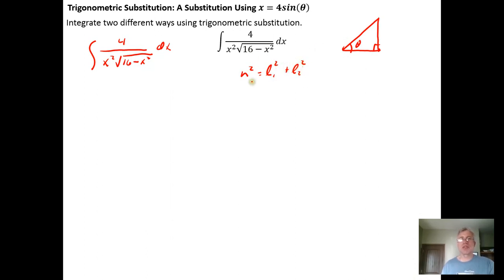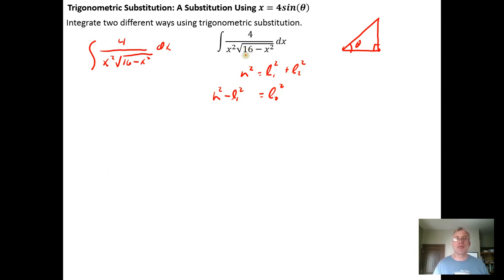So if I have a difference of squares, then one of the two legs has been solved for. For example, I could write h squared minus leg 1 squared equals leg 2 squared. You wouldn't typically do this. I'm just trying to drive home the formatting here.